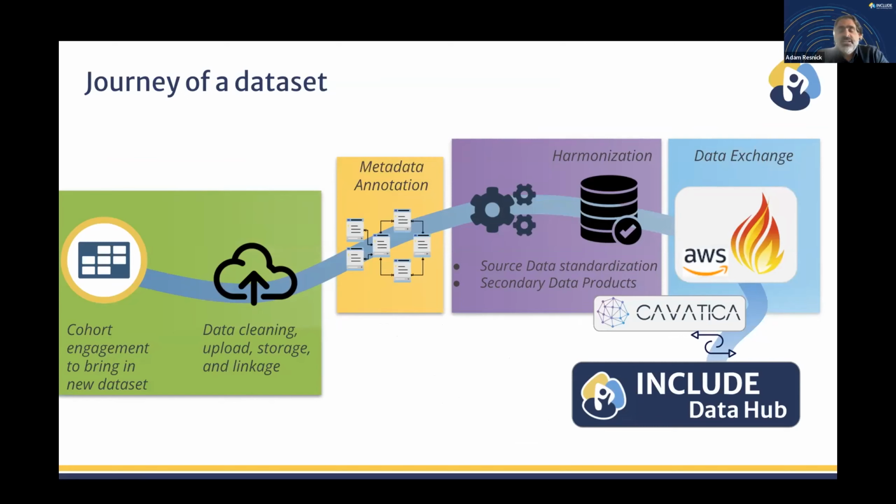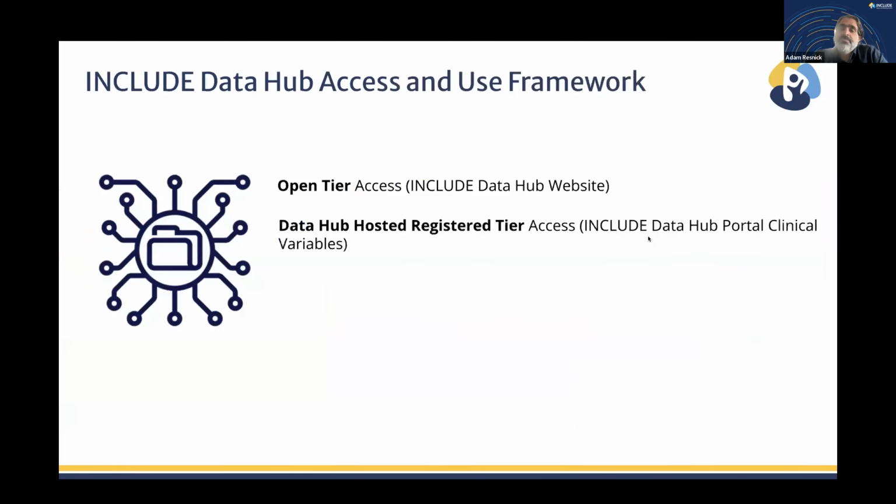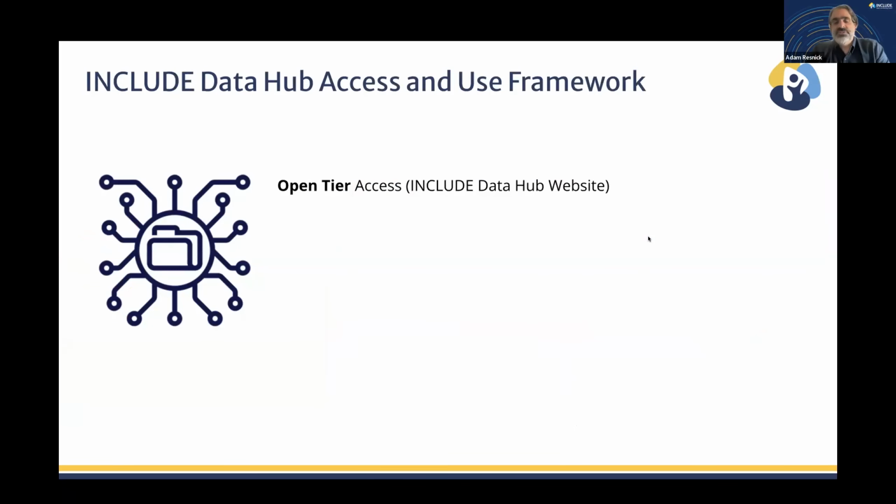And it's not a process that is stagnant, meaning it's a continual process of curation, harmonization, and integration of data, beginning with engagement of the scientists and investigators themselves, processes of cleaning, uploading, and annotating this data in ways that makes them empowered for the portal and other resources to utilize that data. The data is provisioned as exchangeable data with both the portal and other endpoints, and then is cloud empowered for users in the context of Cavatica or other sources.